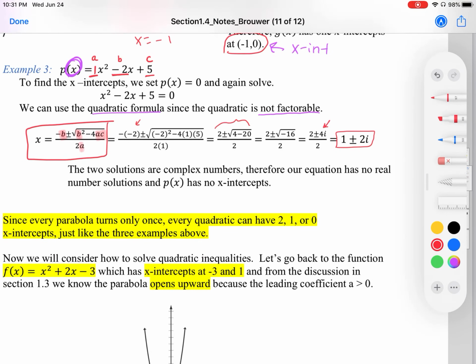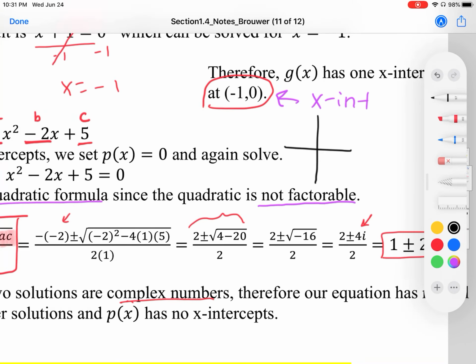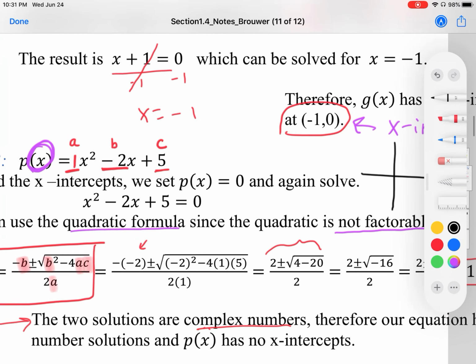The two solutions are complex. Therefore, our equation has no real number solutions. P of x has no x-intercepts. So what would this parabola look like? All right, I have a coordinate plane. There are no x-intercepts. I know because I don't have a negative in the beginning, it opens up.